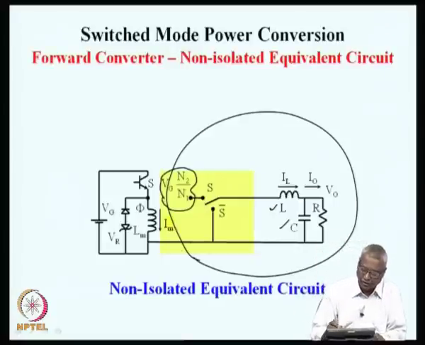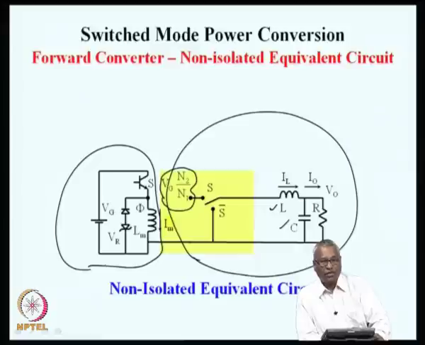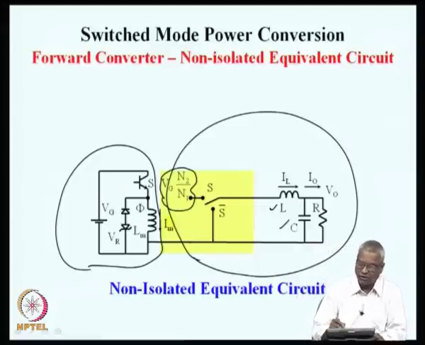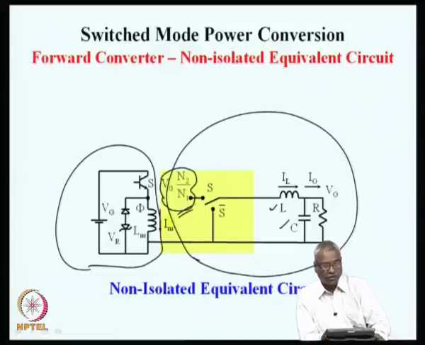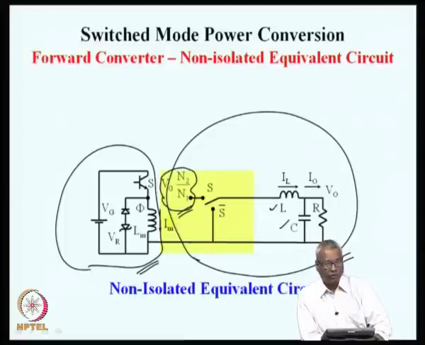So, we might say that our forward converter consists of a switch plus the magnetization of the transformer, and then as far as the load is concerned, we can treat it as if it is being subjected to a source voltage of Vg into N2 by N1 and a non-isolated converter. So, we will be able to do all the other analysis based on the circuit on the secondary side, and the magnetization part alone can be carried out based on the primary side equivalent circuit.